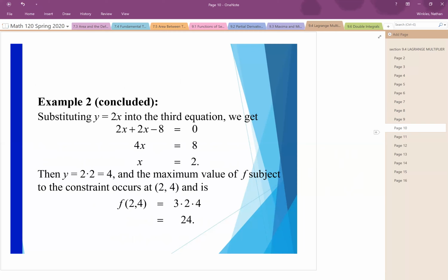Now, since y equals 2x here, we take our x equals 2 and plug in, and that's where we get y equals 2 times 2, which is 4. The maximum value subject to our constraint occurs at (2, 4). So f of 2, 4 was 3 times x times y. So 3 times 2 times 4 gives us a maximum value of 24 for this type of problem.